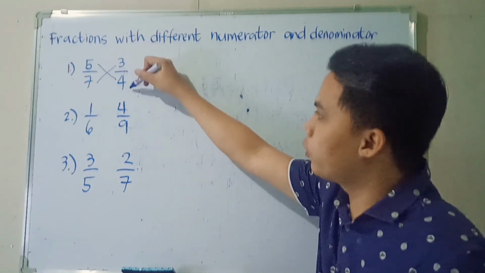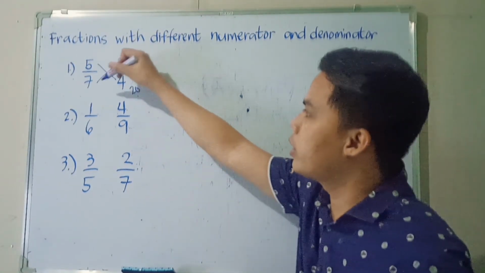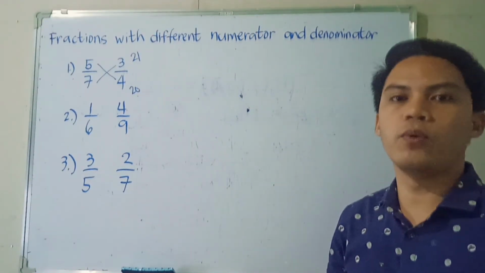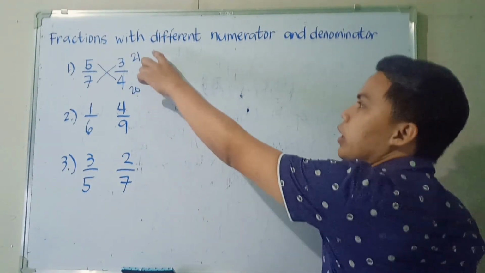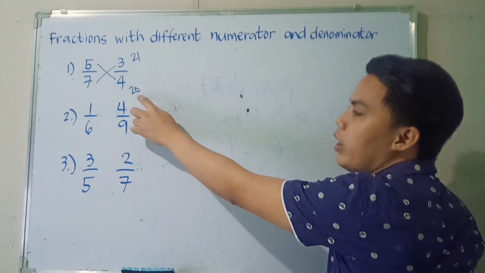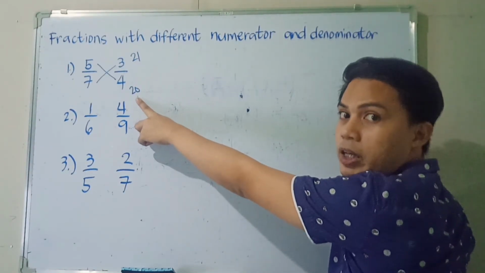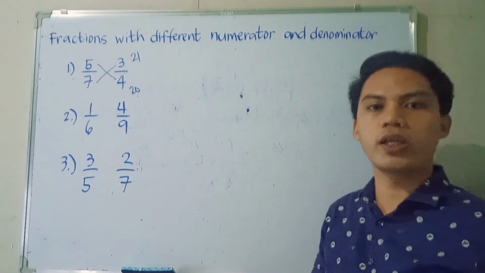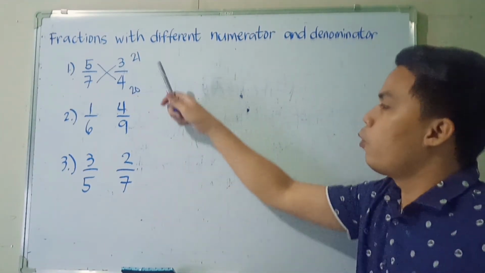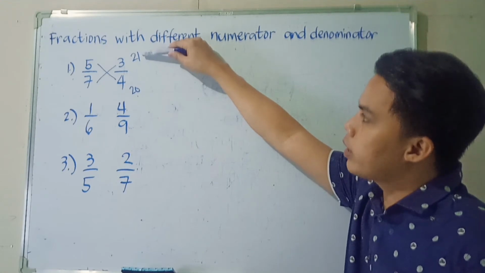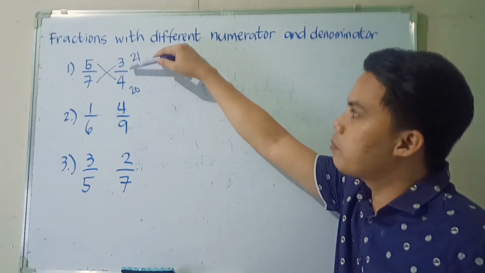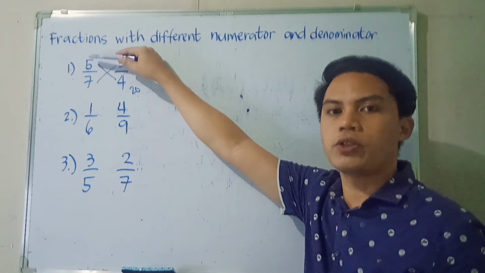So you have 5 times 4, that would be equal to 20. 7 times 3, that would be equal to 21. Okay, titingnan natin yung product nila. Kung mas malaki yung product na nasa baba, ibig sabihin yung first fraction natin ay greater compared sa second fraction. Pero, kung mas malaki yung product sa taas, ibig sabihin nito, yung second fraction natin ang mas malaki compared sa first fraction.